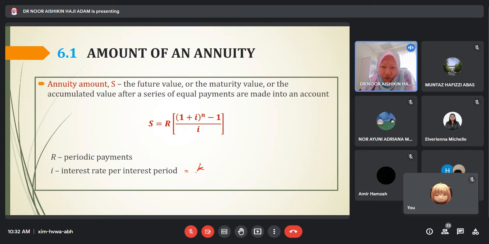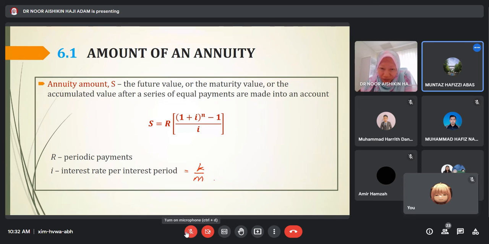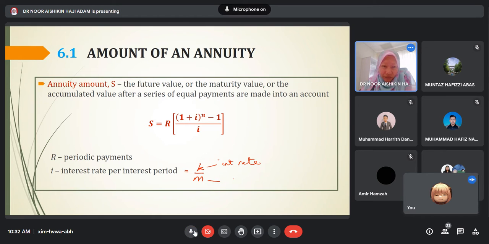I equals K over M. What is K? Interest rate kan? Interest rate given, normally given in the question. What is M? Frequency.